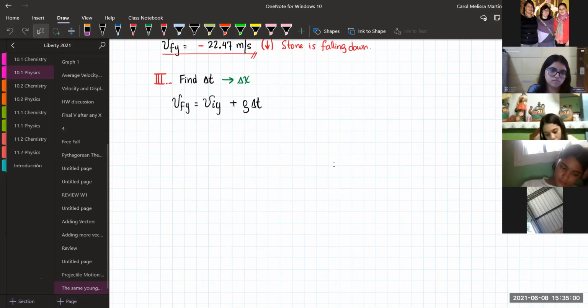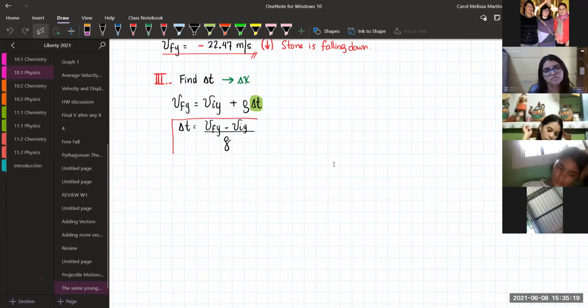And we isolate for the time. The time will be equal to final velocity in y minus initial velocity in y divided by gravity. Now this equation, you can also write it in your index card. That isolation works, so you can use that.